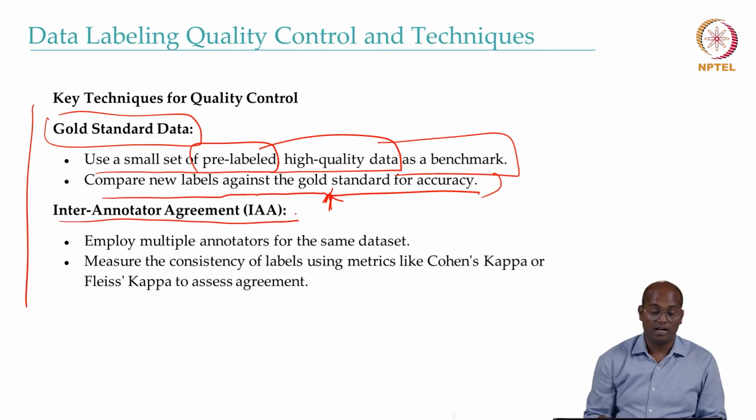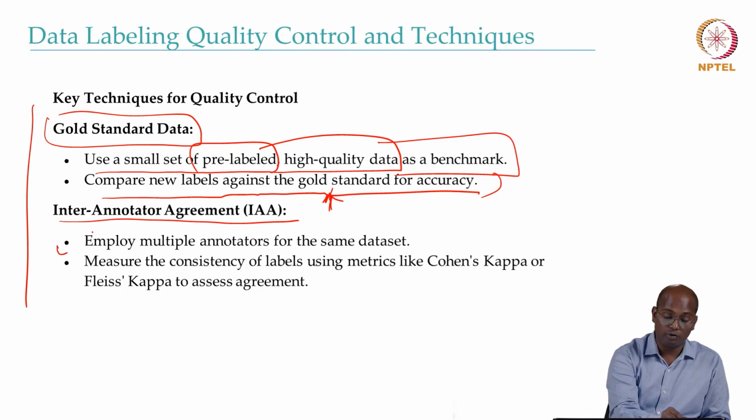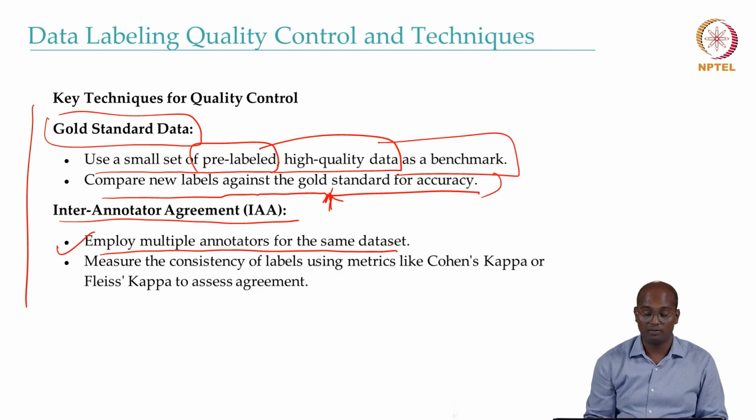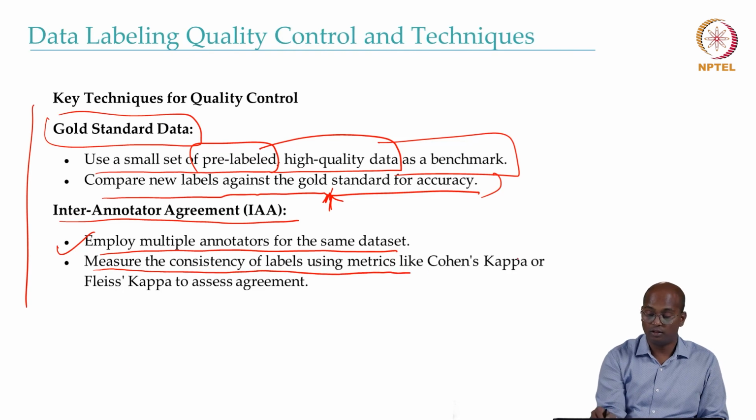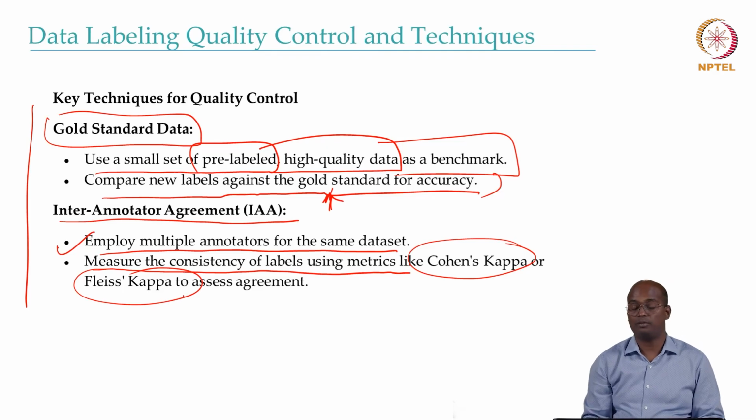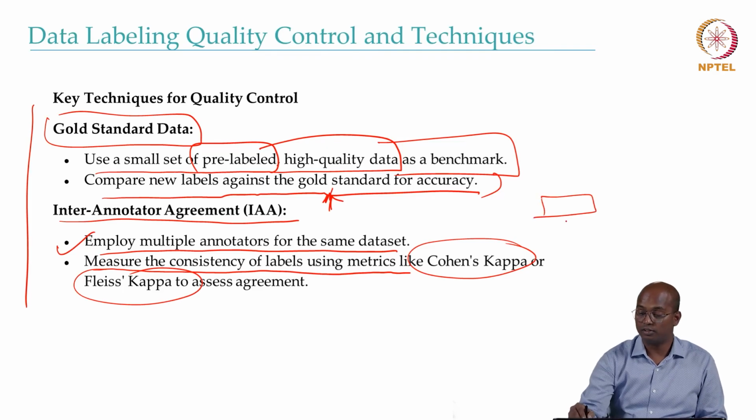Similarly, inter-annotator agreement. In this case, we employ multiple annotators for the same dataset, and it measures the consistency of the labels. There are popular metrics called Cohen's Kappa and Fleiss' Kappa to assess the agreement. Suppose this is the task. You give the same task to be annotated by two people, person A and person B. Given a sample, for example, there is an option 1, 2, and 3.